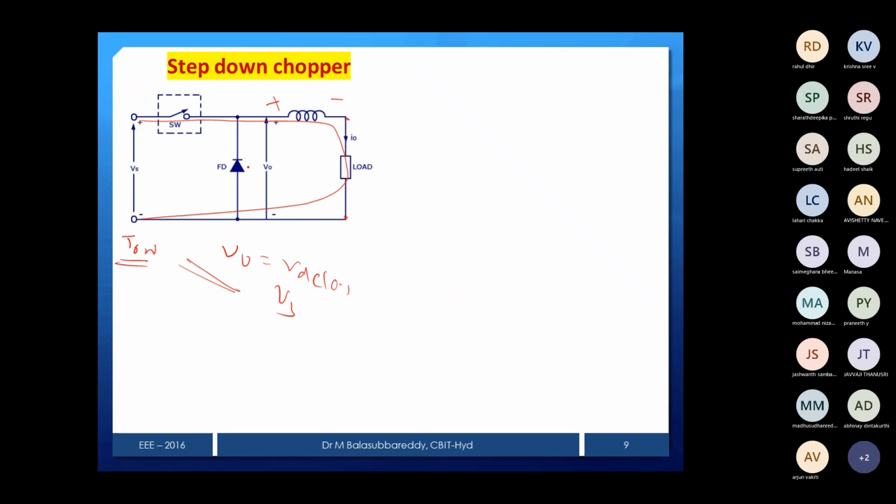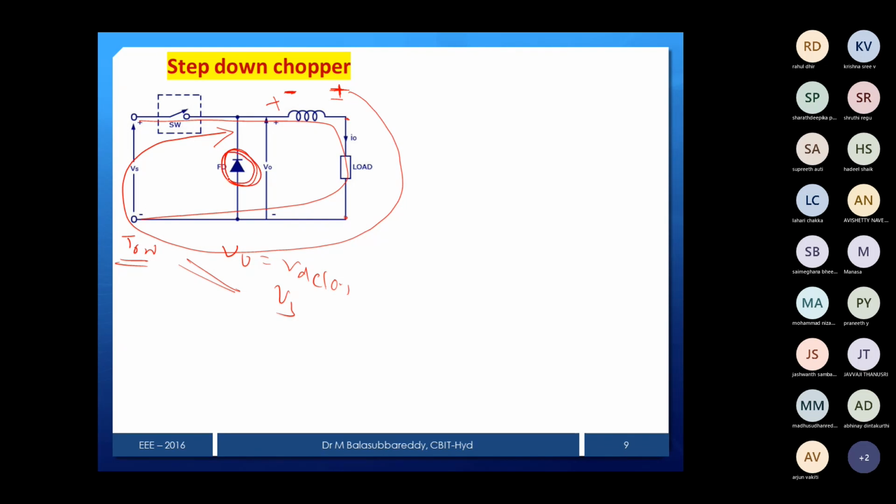Now while the chopper is off, what will happen? Inductor polarities will reverse. Now this side is plus and this side is minus. The current passes through plus, goes to the source and goes to the switch. Current is the same, but which device is going to fire if the chopper is off?